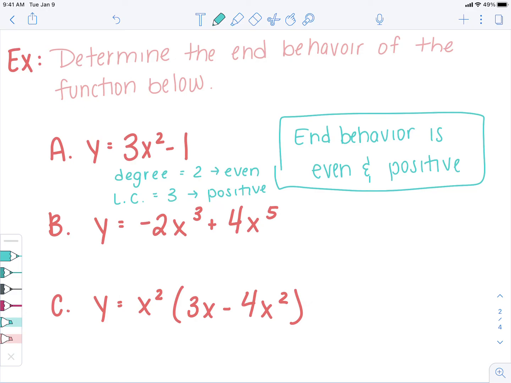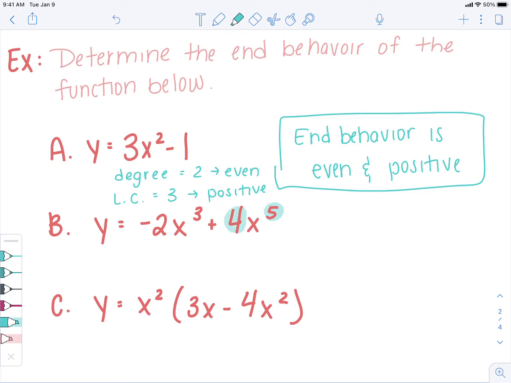Oh, wait. What about... Oh, man. All right, look at B. What's my degree for B? If I've got y equals negative 2x cubed plus 4x to the 5th. What's my degree? 5. Degree is 5, so my degree is odd. My leading coefficient is 4, which is, well, yes, but I don't care.